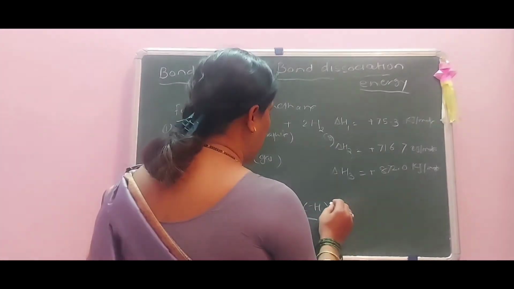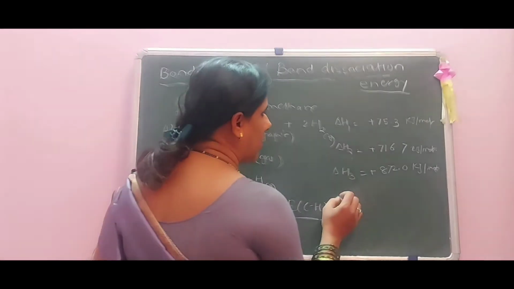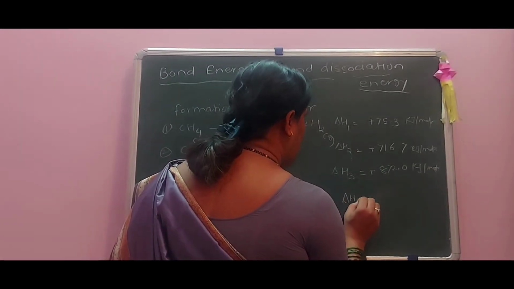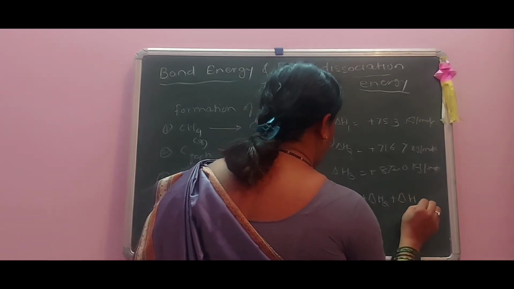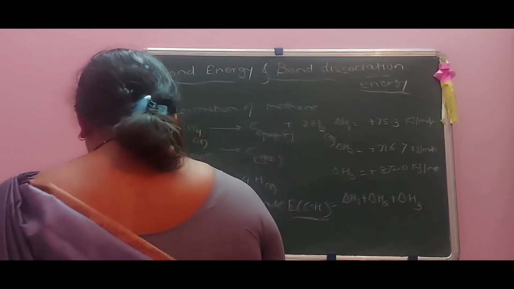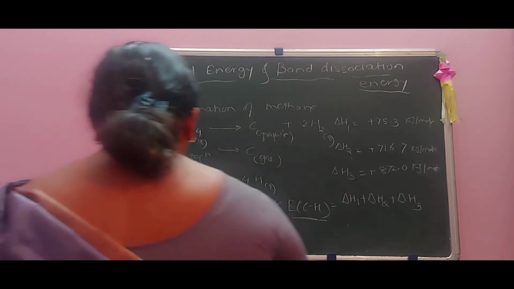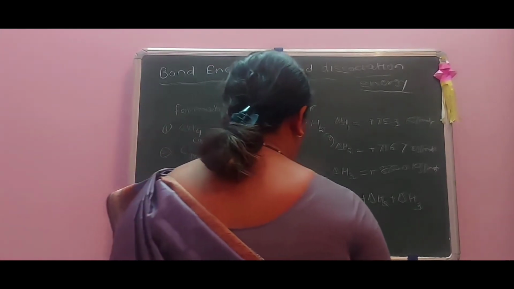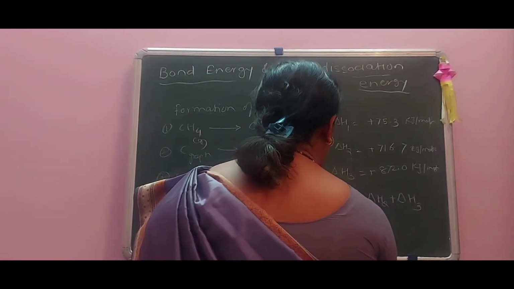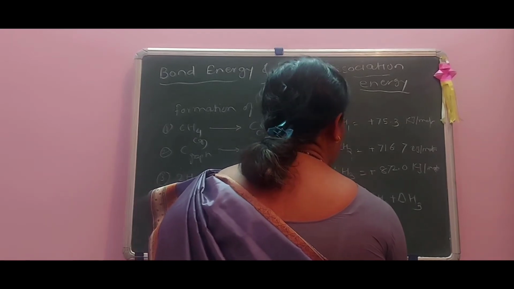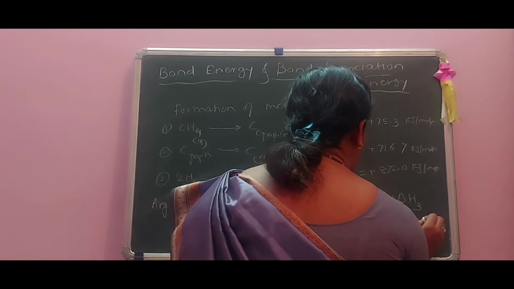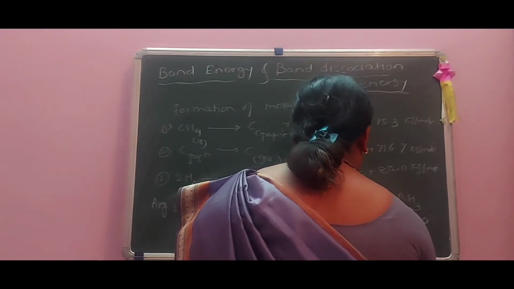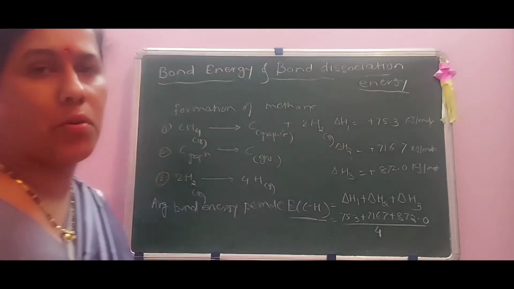We have to take the total and take its average, that is delta H1 plus delta H2 plus delta H3. That is 75.3 plus 716.7 plus 872.0 divided by how many bonds? That is equal to 4 bonds.